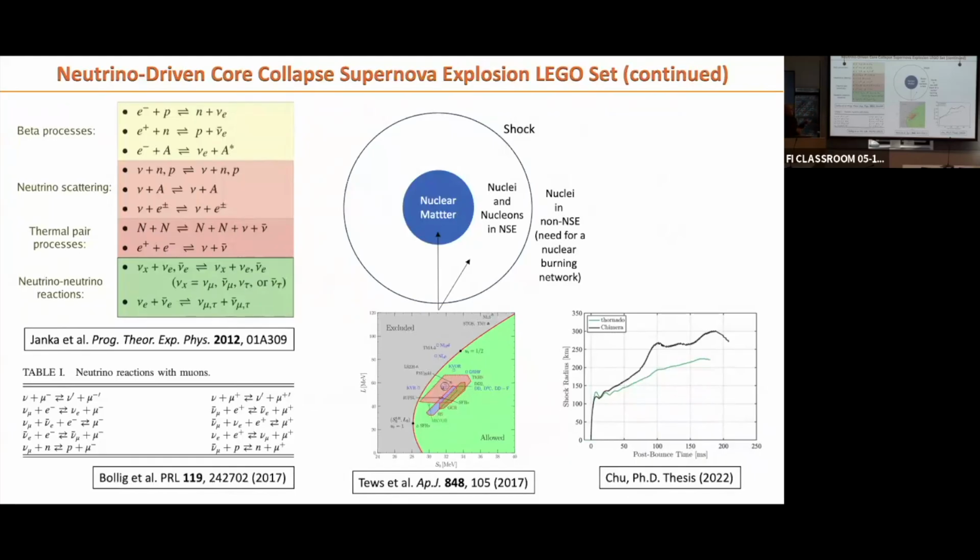So what's essential in anything we would call realistic to date is that we have the complete set. Lately we've discovered that muons can be important as well, so that adds a number of channels. But this weak interaction set has grown over the years, right?